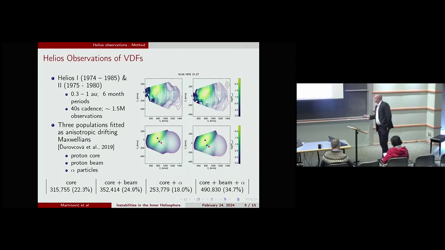And we measured a whole lot of these, and sometimes we found only core protons, sometimes core and beam, sometimes core and alpha particles, and sometimes all three. It could be that they are not there, it could be that our instrument cannot detect it. We actually dig deep into this to make sure that the observations are valid, but I'm going to ask you to trust me on this, and I can bring the discussion offline when it comes to technicalities regarding the observations. I'm just going to go straight into the analysis.